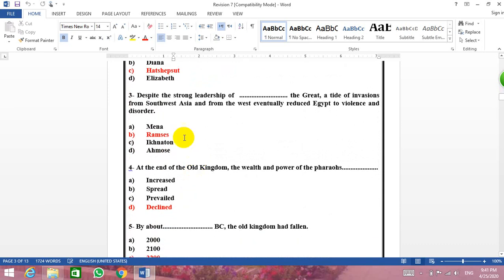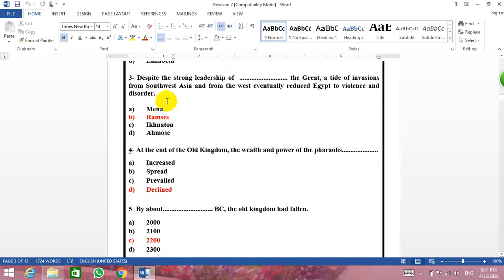Number 3, despite the strong leadership of dash the Great, a tide of invasions from Southwest Asia and from the West eventually reduced Egypt to violence and disorder. So you have 4 options.